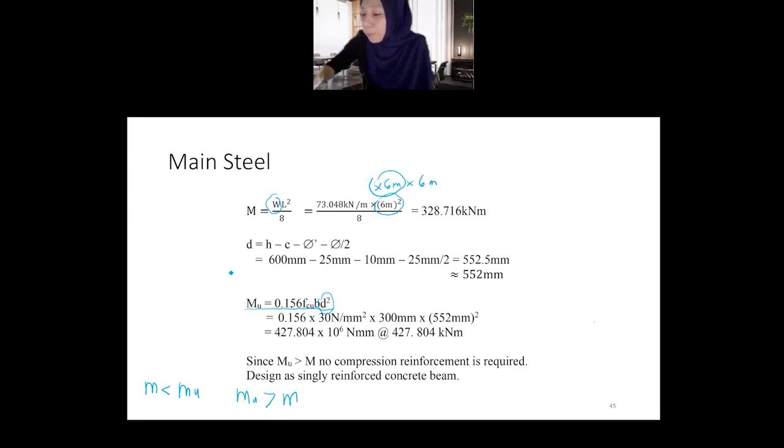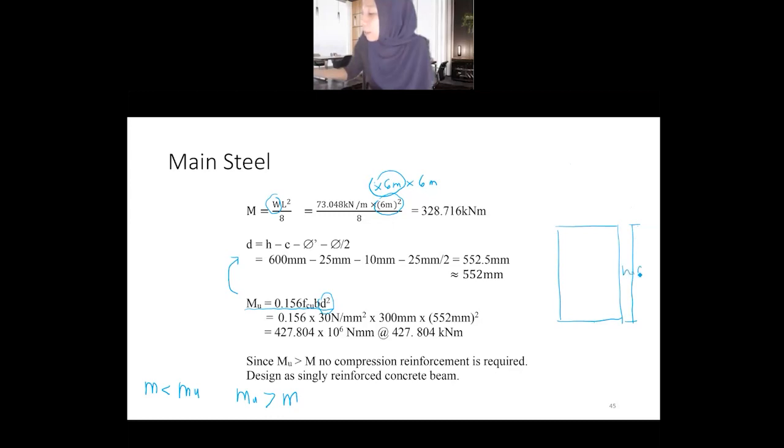In order to do so, actually we can get it using this formula. Why? How can we get it? Because we already have H given in the question as 600. Already given. So we can get the effective depth. Using the formula, if you still remember this formula I gave, plus C. Okay.